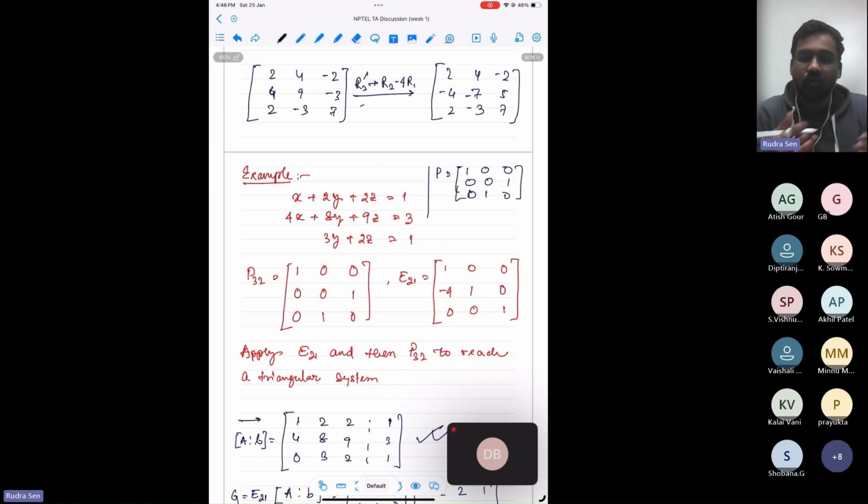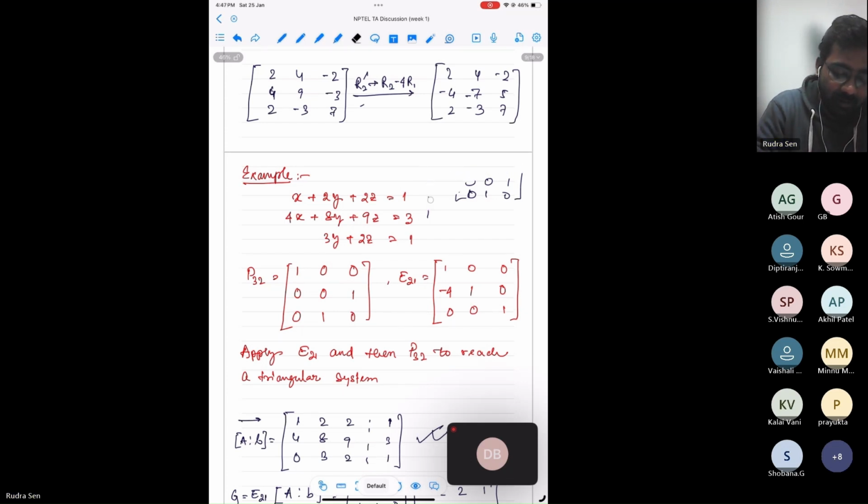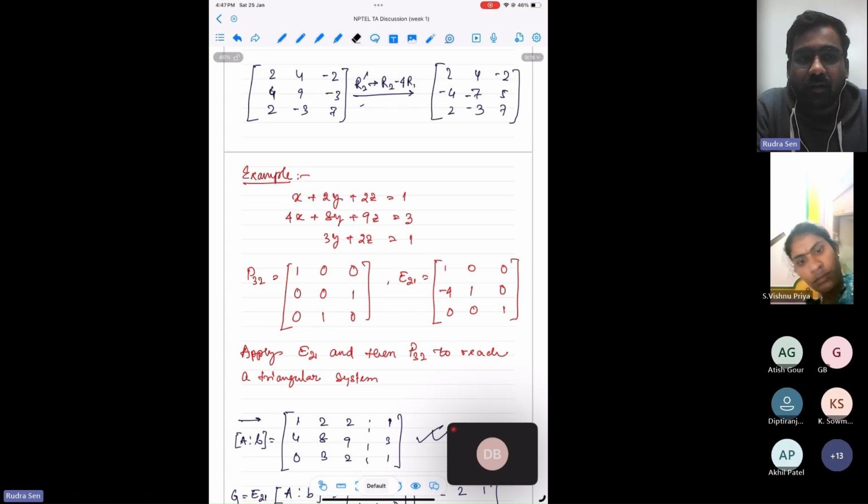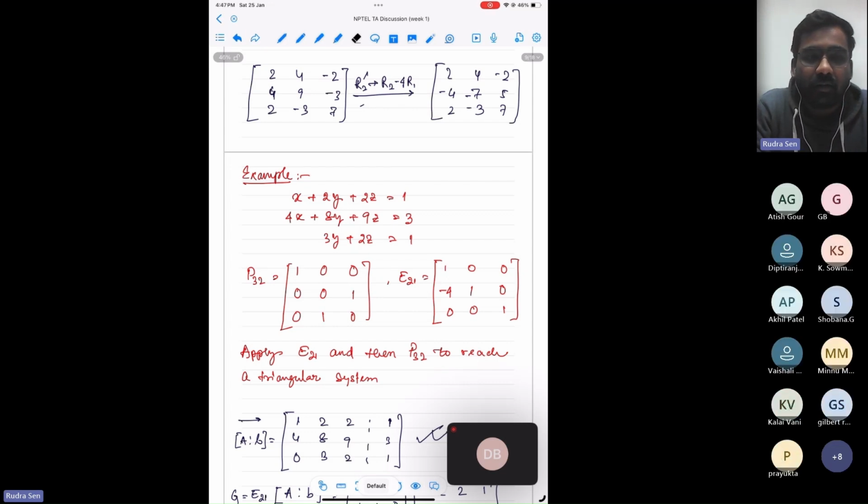Just exchange the rows of the identity matrix, multiply this matrix with the A matrix, and you will get the result. This is how the permutation matrix works. It's nothing but an exchange of the rows of the final matrix. Okay, I think this is clear to all.